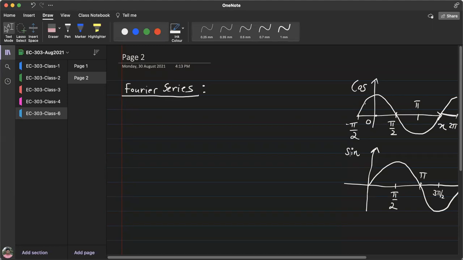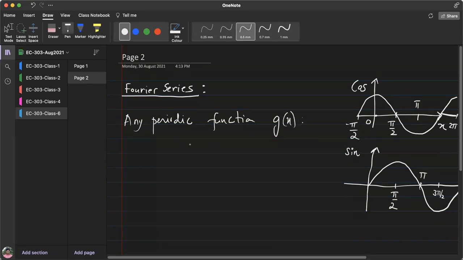Okay, so now here is a very interesting theorem that Fourier came up with. He basically said that you take any periodic function, g of x.